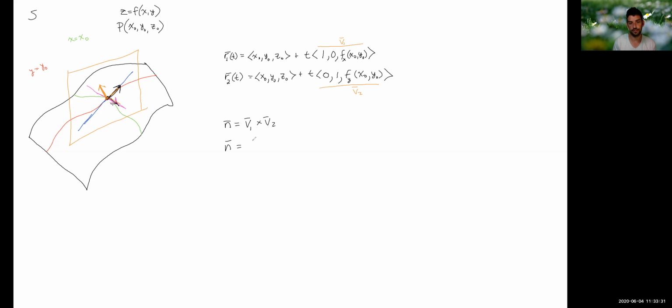And when we do this, what we end up with is negative the partial in the x direction at this point, negative the partial in the y direction at this point, and 1. That's where we end up. That's going to be our normal vector. We know this isn't unique, but this is sort of the conventional order to do it in.